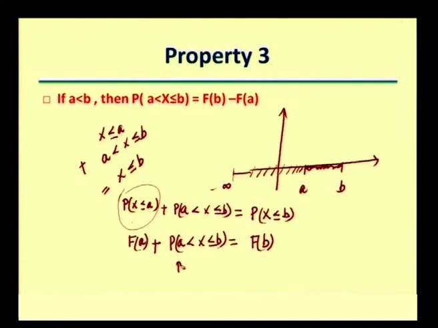So, ultimately you have p of a less than x less than or equal to b is equal to F of b minus F of a. Hence, proved. Clear?